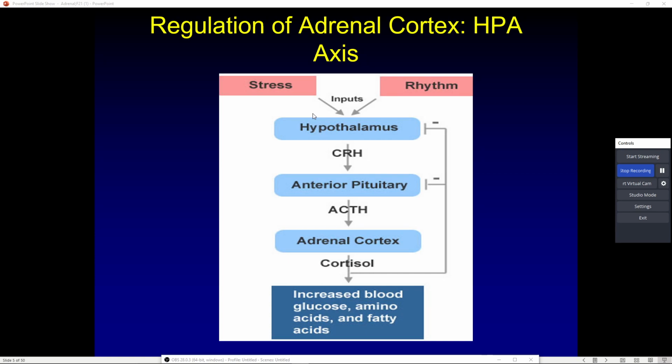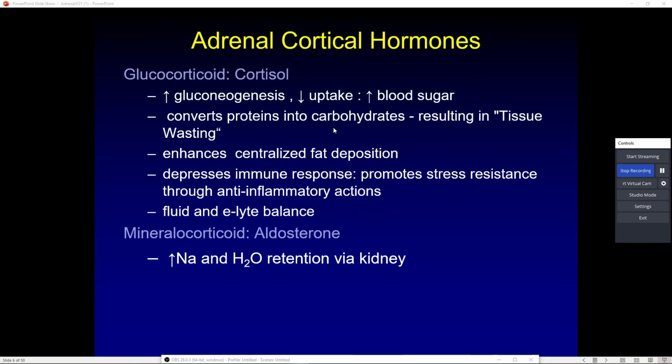Also, not just the adrenal cortex, but the adrenal medulla also perceives the stress and activation of the anterior pituitary and releases epinephrine and norepinephrine. So what do we get? We get increased gluconeogenesis, meaning a dump of blood sugar, as a result of the cortisol activation and release into the system.